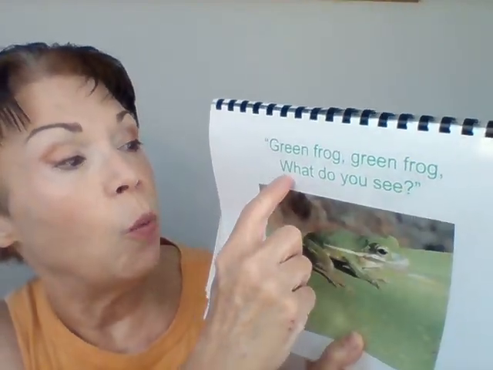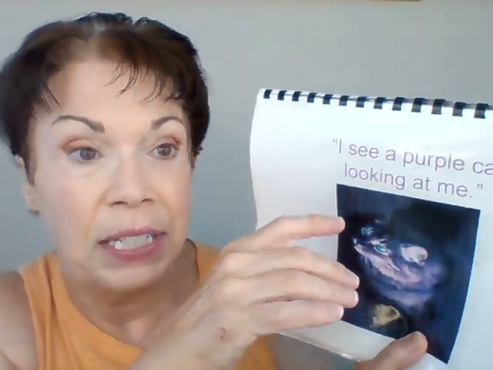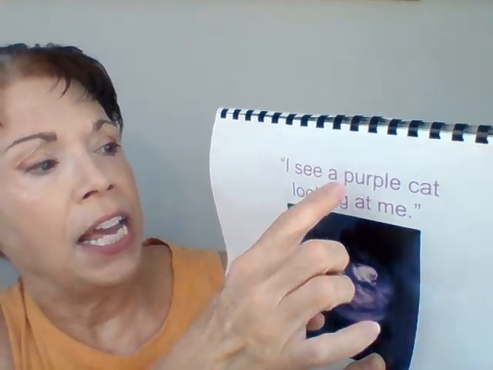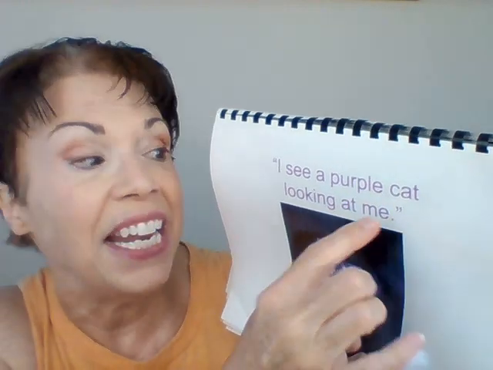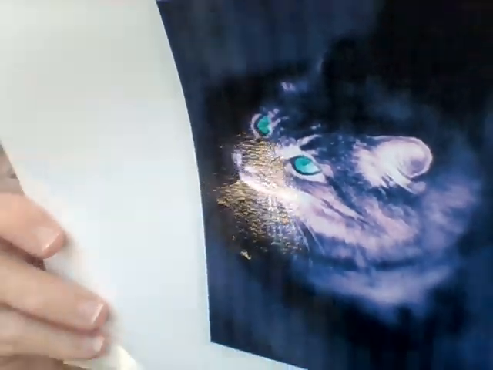Green frog, what do you see? Here we go. He says, I see a purple cat looking at me. Look at that. It's a cat, but the photograph has a special filter on it, so the cat looks purple. Hmm.